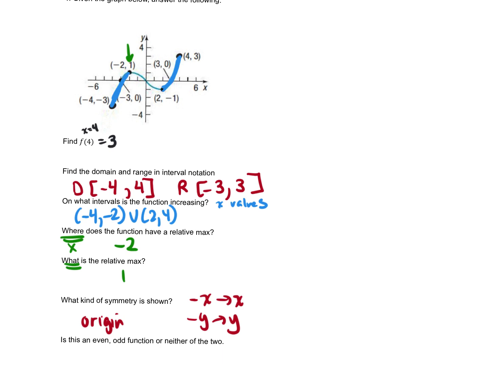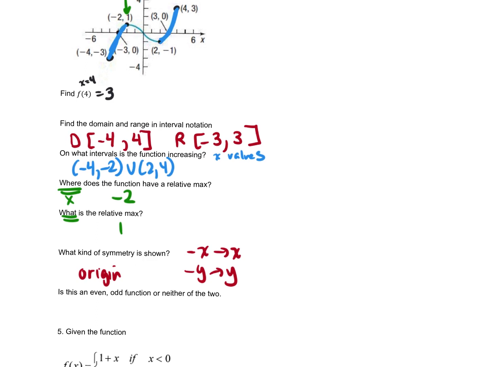Here's -2, 1, and here's 2, -1, opposite of x and y. So it definitely shows origin symmetry. And remember, origin symmetry means it is an odd function. Y-axis symmetry means it is an even function, and anything else would not be odd or even.